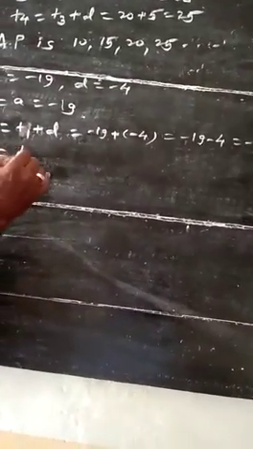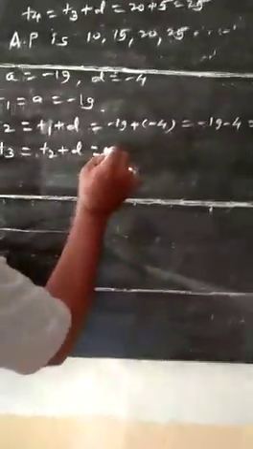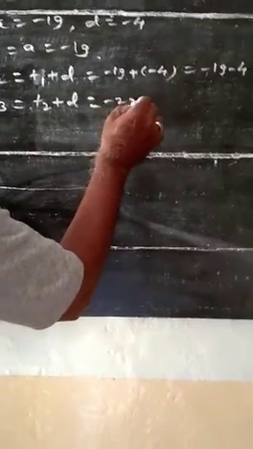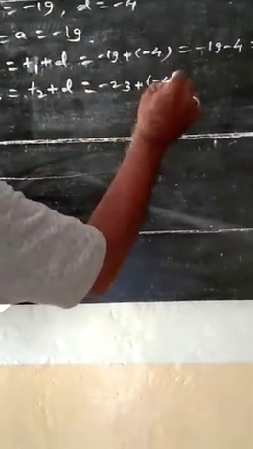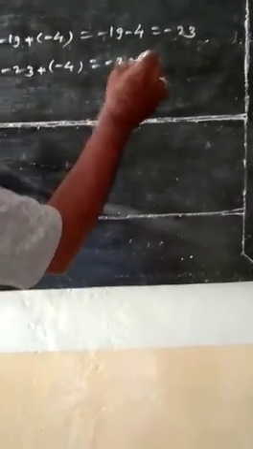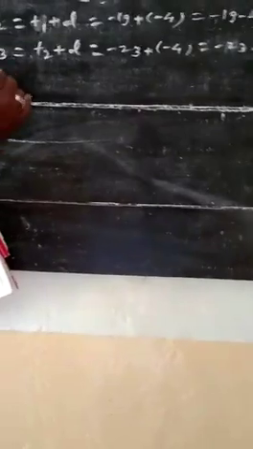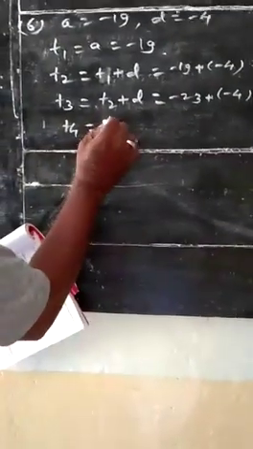Here T3 is T2 plus d. Our T2 is minus 23 plus of minus 4. Minus 23 minus 4 is equal to minus 27. T4 is equal to T3 plus d.